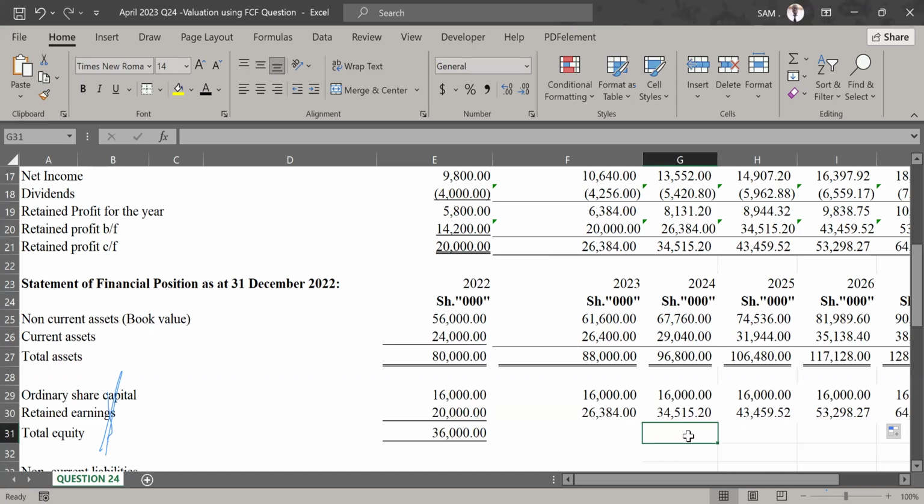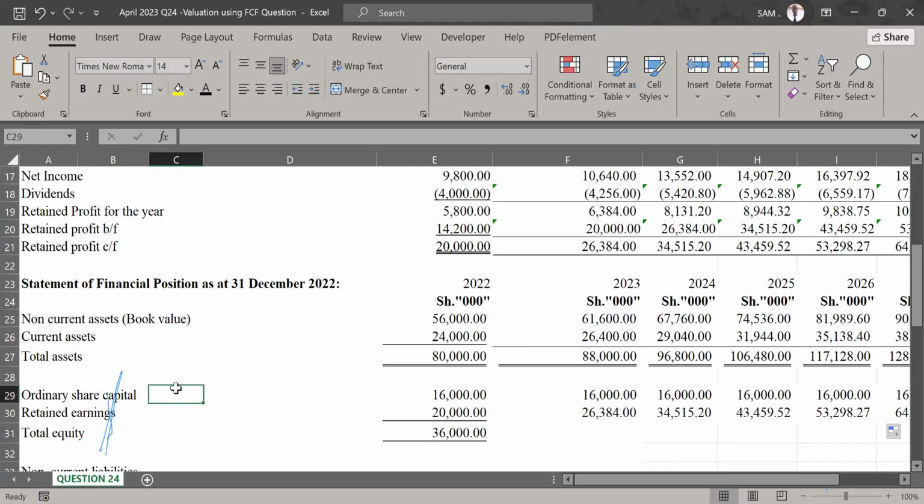One of the factors affecting ordinary share capital is issue of new shares. When shares are issued, ordinary share capital is affected. And we know there is either issue at a premium and issue at par. We know what those terms mean. So because there was no element of issue of shares, our ordinary share capital is not affected by that.